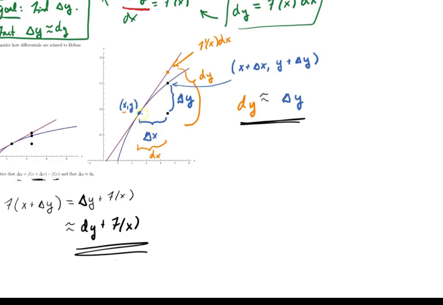Notice that here, delta x stands for the change in the x coordinate from the point that we started with, our anchor point, to the new point. Differential x stands for the change in the x coordinate from our anchor point to the point on the tangent line. And so delta x and differential x are the same.